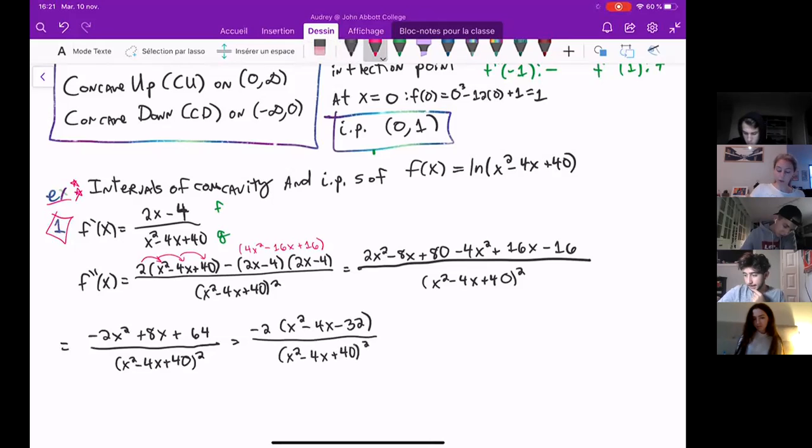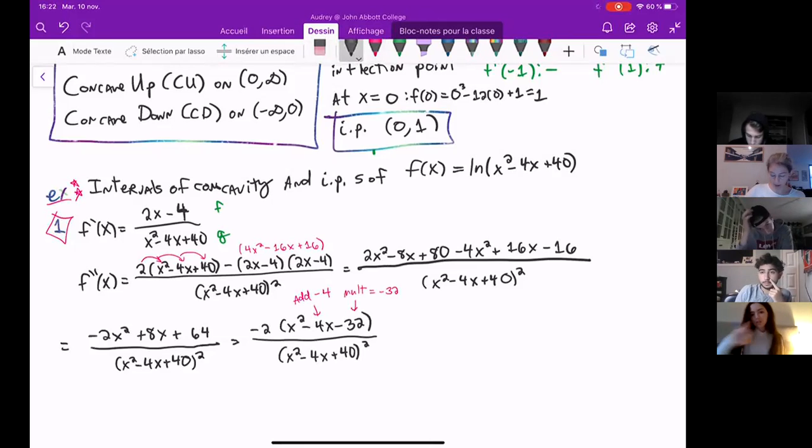So how does this polynomial factor? I want two numbers that multiply to give -32 and add to give -4. What two numbers do that? 8 and 4. Which one's going to be negative? 8. Good job, guys. Good job, Cam and Ellie.